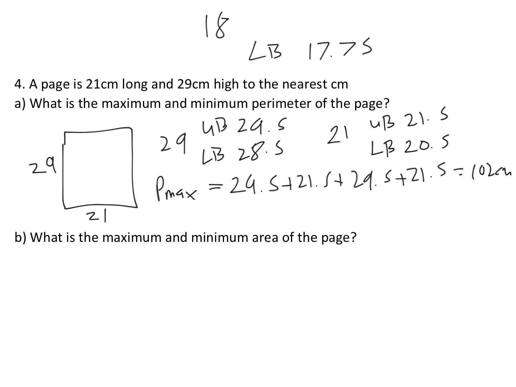Okay, the minimum perimeter then would be making each side as small as possible, taking the smaller measurements, the lower bounds. So P minimum is going to be 28.5 plus 20.5 plus 28.5 plus 20.5. And that would give 98 centimetres.